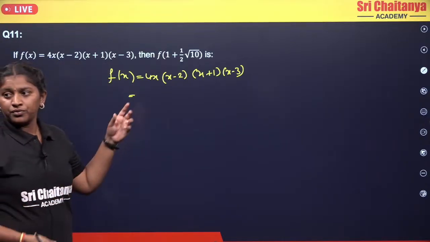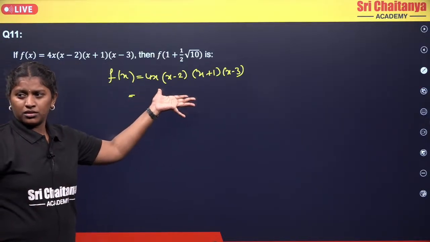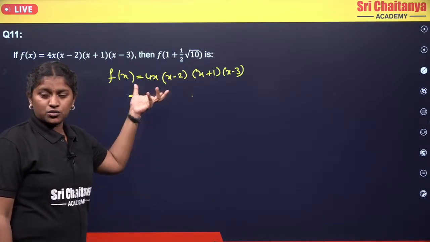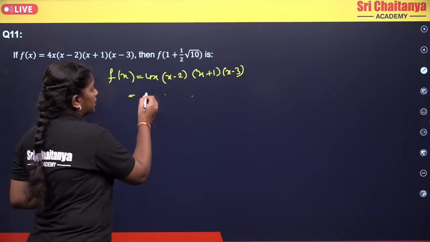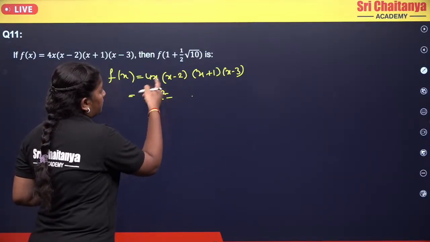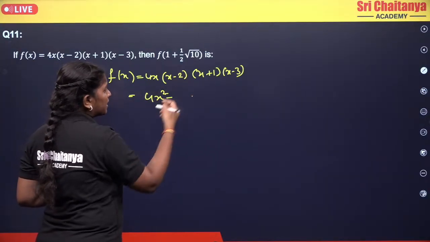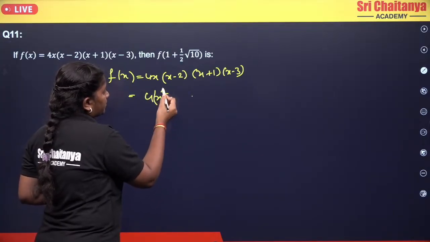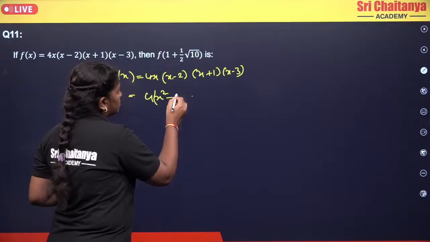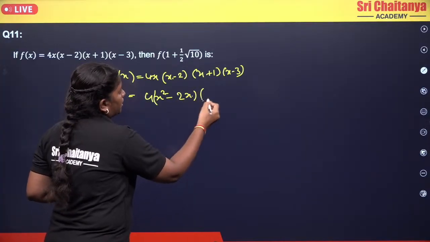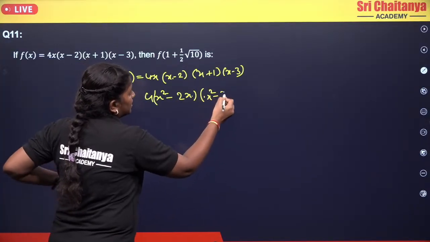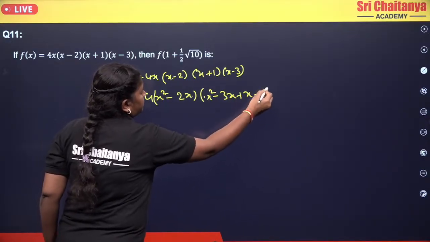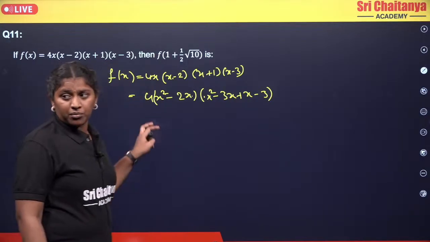We know how to multiply the polynomials, right? So now if you multiply here, you can multiply with the terms. If you take 4 common, x into x, x square minus 2x, into x square minus 3x plus x minus 3. Okay.